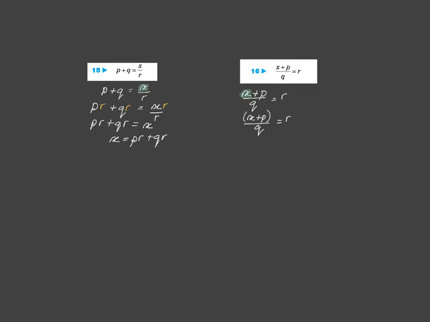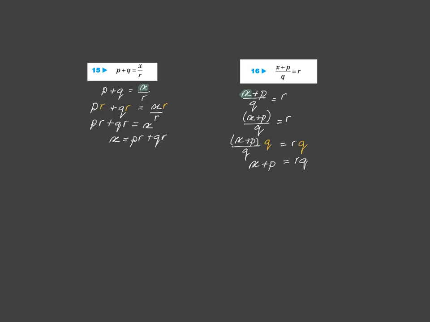The first thing we want to do is multiply by q so that we don't have a fraction where x is. So we're going to multiply by q on both sides. On the left, we have x plus p over q multiplied by q, and then we multiply by q on the right as well. On the left, q divided by q is 1, and so we will just have x plus p, and now we don't need that bracket anymore, is equal to rq.